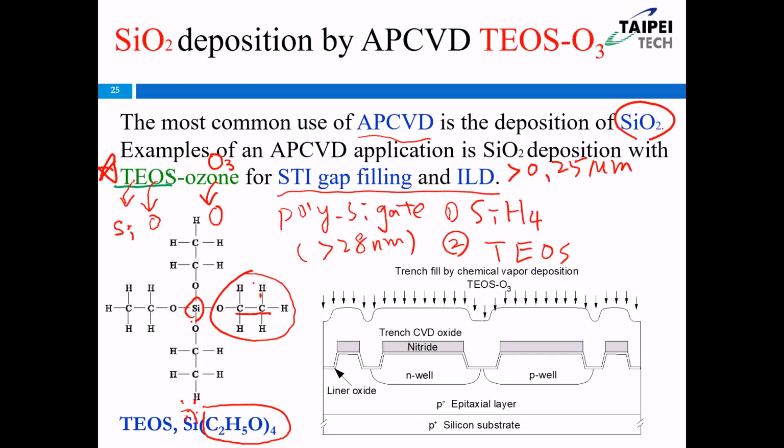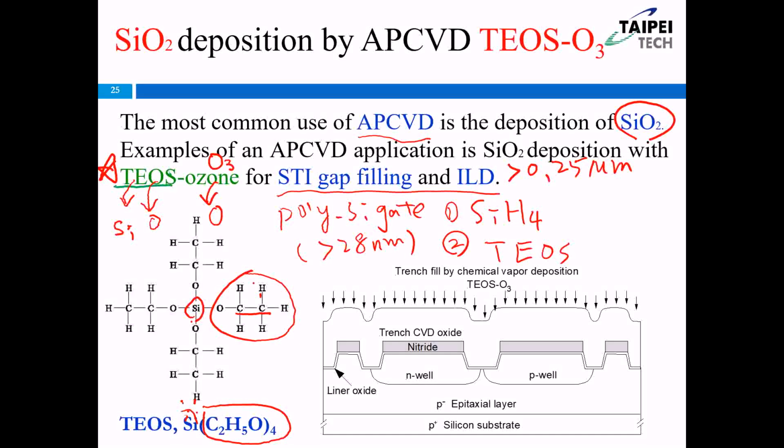So today if I want to deposit pure silicon only, not oxygen, I will use silane as the precursor. I will not use TEOS, because TEOS has oxygen, and it's not easy to break down the covalent bond between silicon and oxygen.